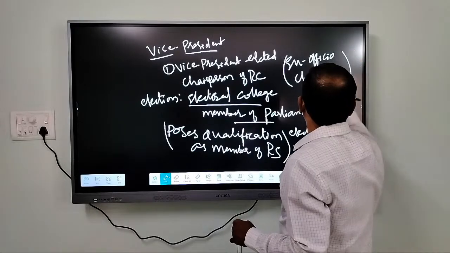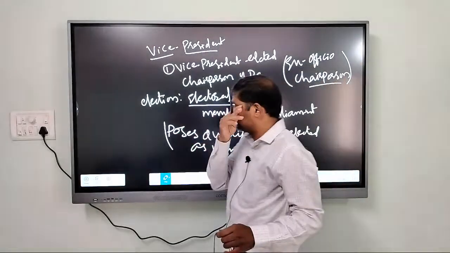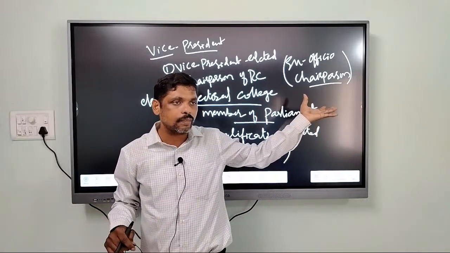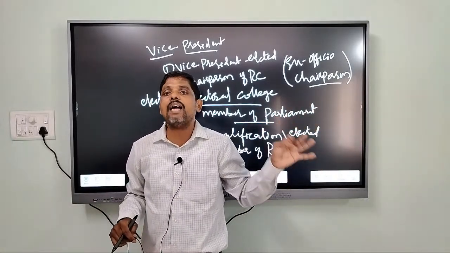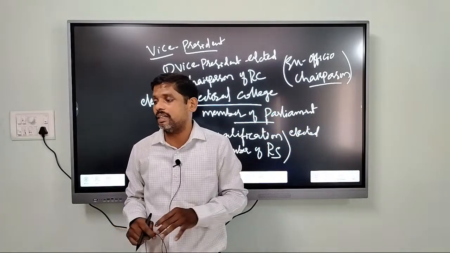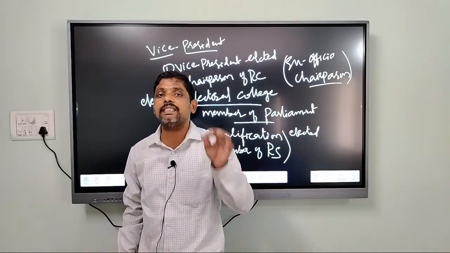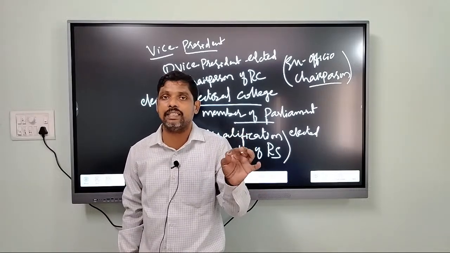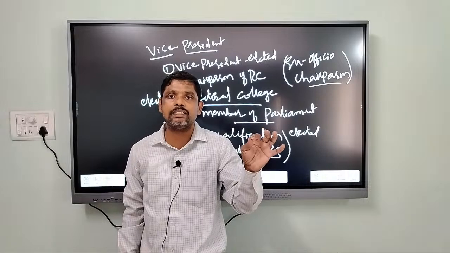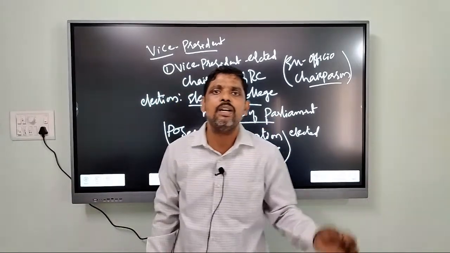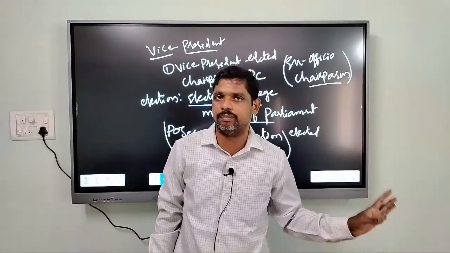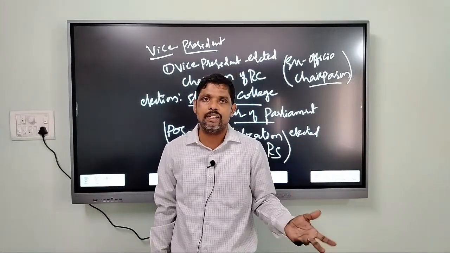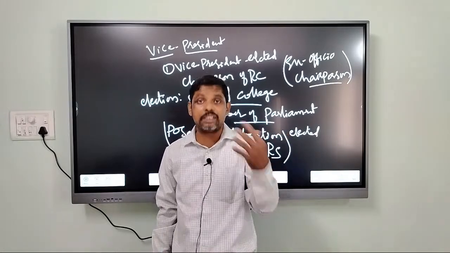Not only this, Vice President acts as acting President whenever there is a temporary vacancy in the office of President. Say for example, for the time being, if the President is on leave or on an official tour to other countries and cannot discharge his functions.